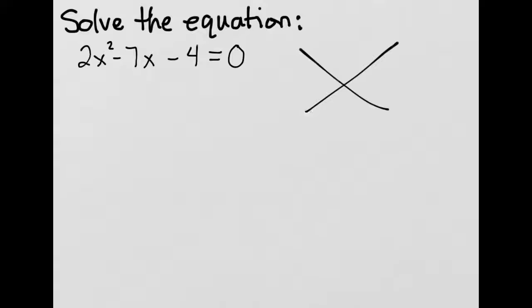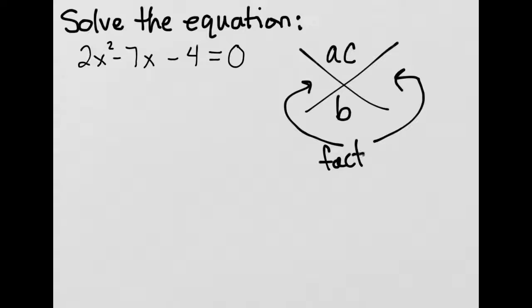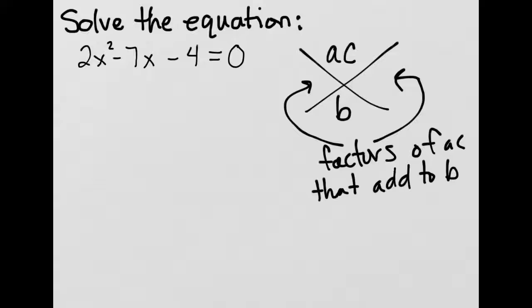We draw a large X, and on the top we multiply A and C and put that number there, and on the bottom we put B. We're going to try to think of 2 terms to put in the sides that will multiply to AC and add to B. So these two terms are going to be factors of AC that add to B, and we're going to put those in the sides.